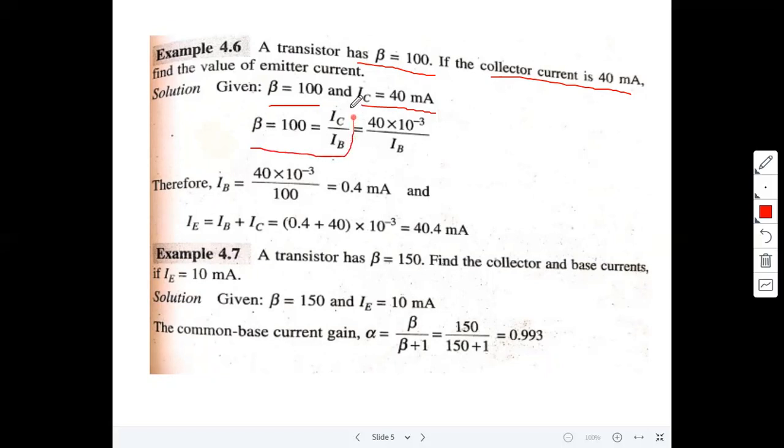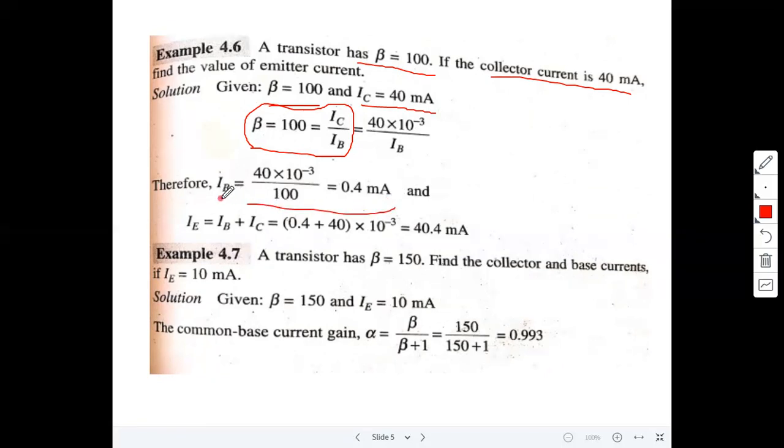Beta is equal to IC by IB, in CE configuration. That is equal to 40 milli by IB. From that, IB is equal to 0.4 milliamperes.